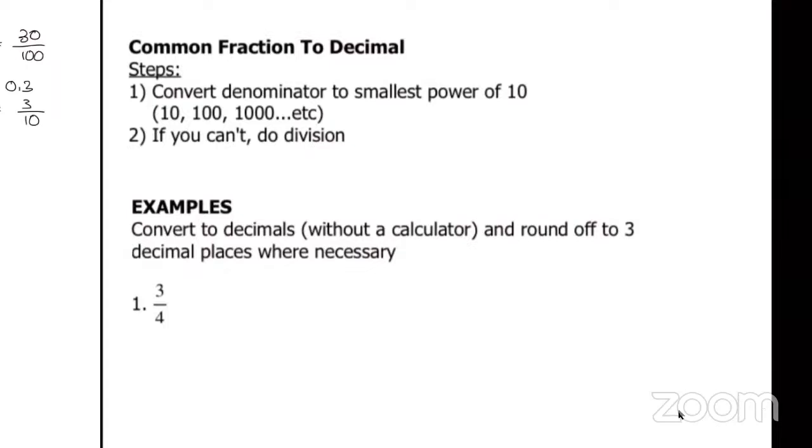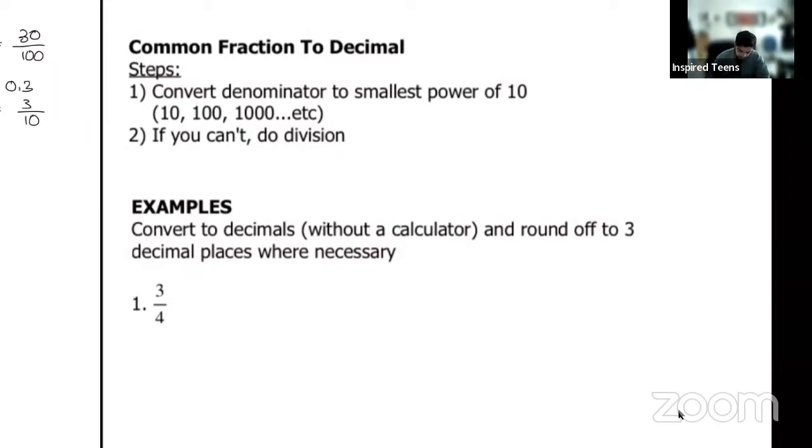Let me explain it to you guys. So basically what we're going to have to do is, number 1, convert the denominator to the smallest power of 10 that you can. Okay, so 10, 100, 1,000. These are the powers of 10. 10 times 10 times 10 again, times 10 again would be 10,000, and then 100,000, and so on and so forth.